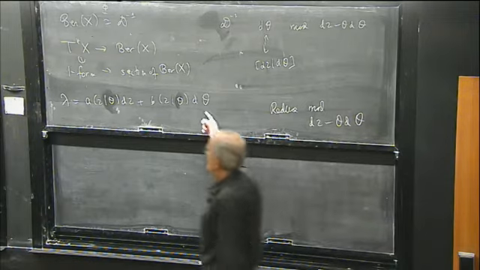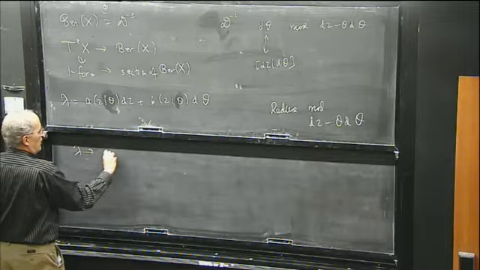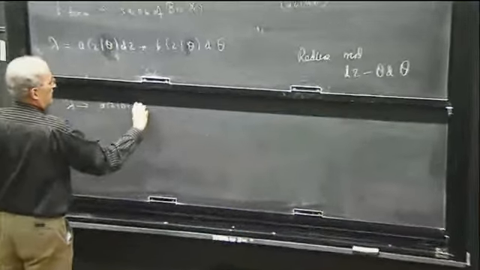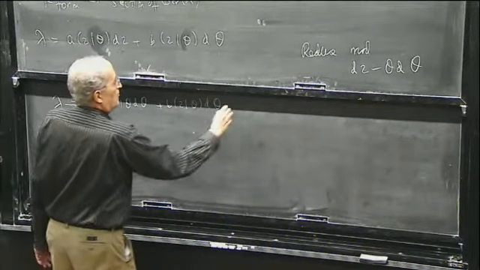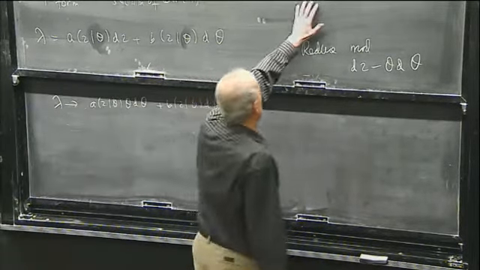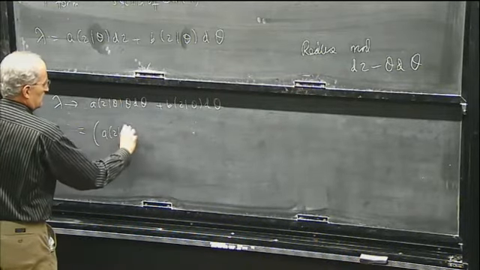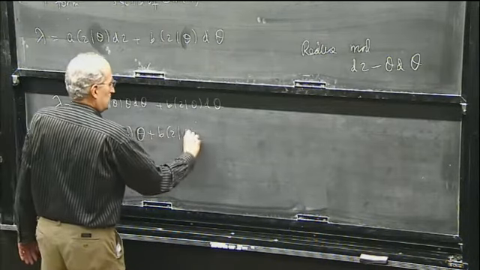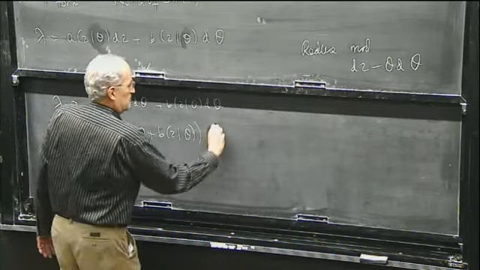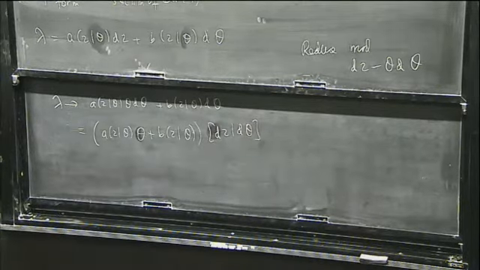So we just replace dz with theta d theta. Lambda maps to a(z|theta) times theta d theta plus b(z|theta) d theta. But as a section of the Berezinian, d theta corresponds to dz/d theta. So concretely, that's the map from a holomorphic one form to a section of the Berezinian.